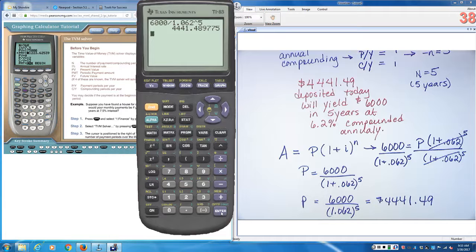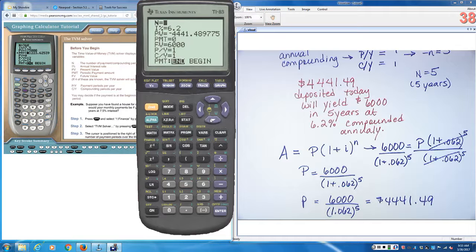So example 9 says find the present value of $16,000 in 9 years if the money can be deposited at 2% compounded semi-annually. So here again, we're going to go to the finance formulas and to the solver. And N is how many times are they going to pay you interest?